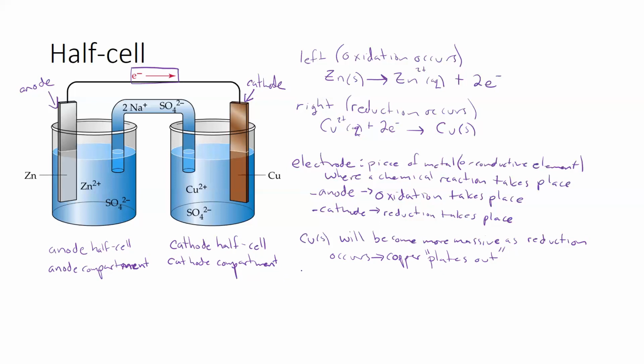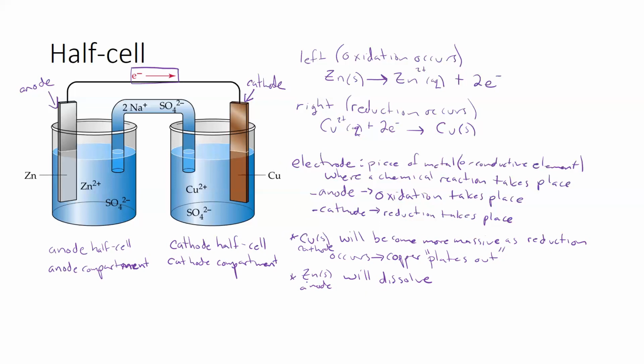While that copper cathode gets more massive, the zinc solid anode is going to dissolve. Okay. And so these are some things that occur during this electrochemical process.